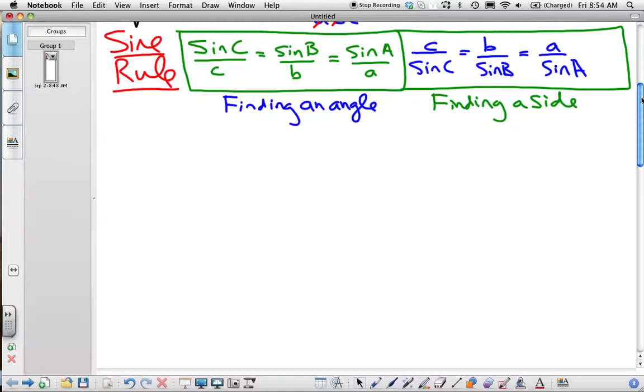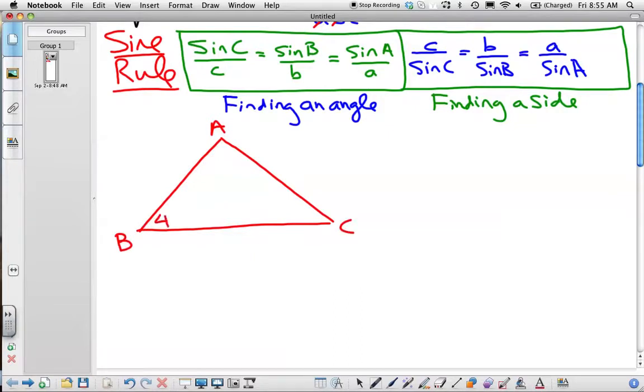Let's say we've got this example here. I have a triangle like this, and let's call it ABC, and this is 41 degrees, and even though this doesn't look like it, this is 113 degrees, and this is 18 meters.